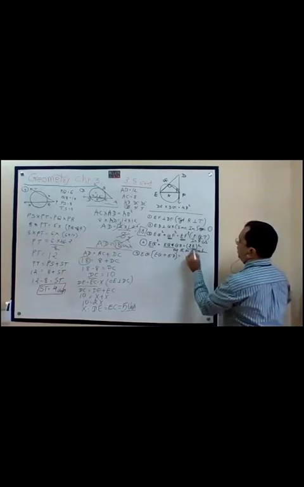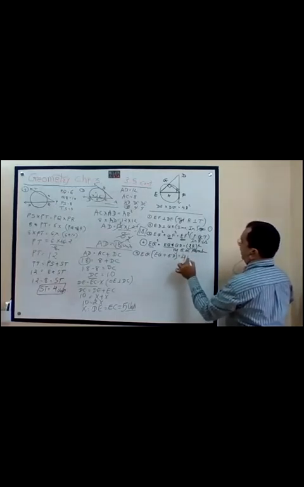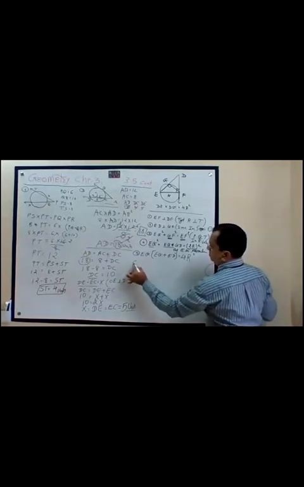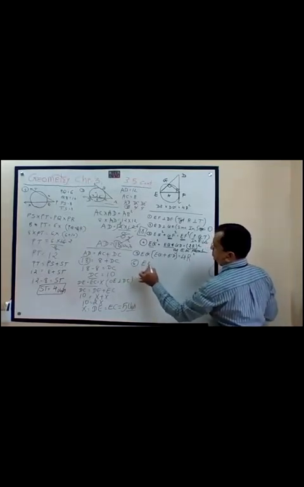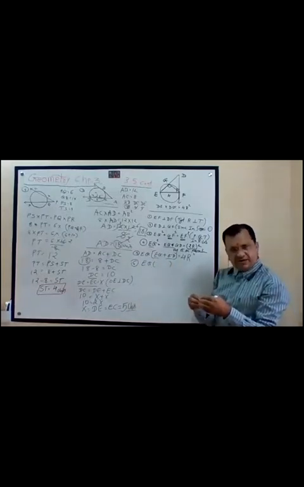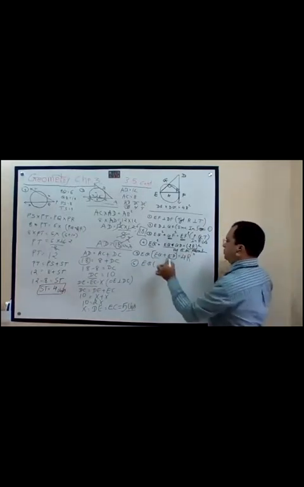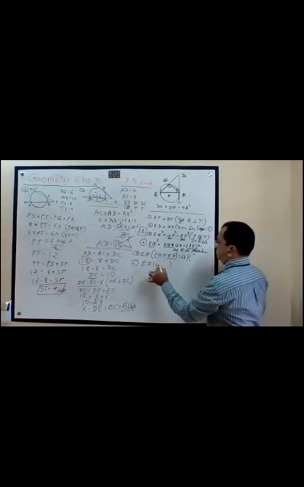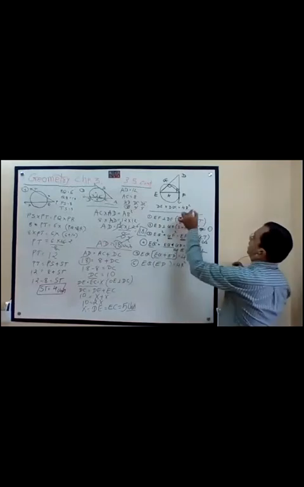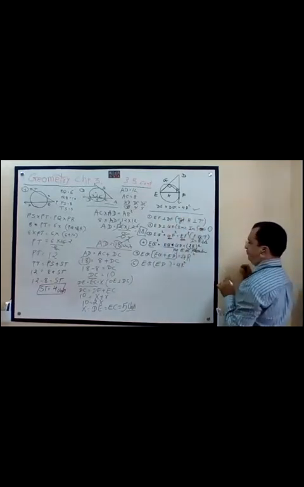Double radii square, 2 to the 4, r into r square. Now this is EG only. And when you want to add two segments, remove common. G is common, remove. So that is your proof.